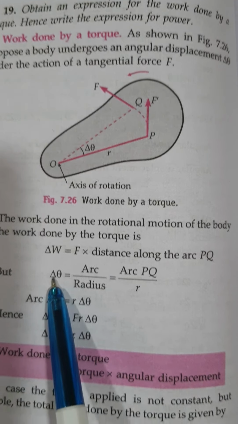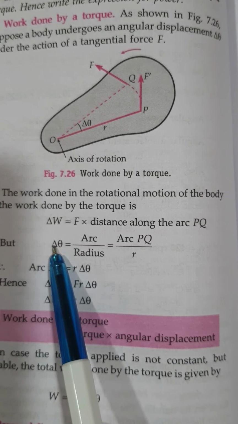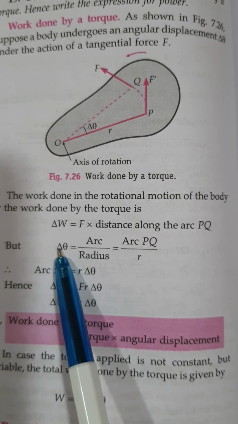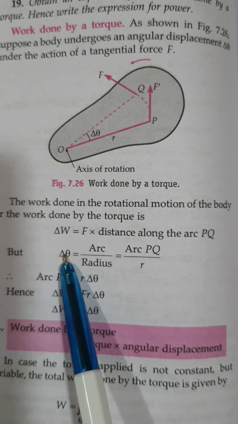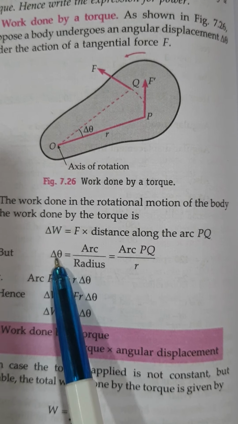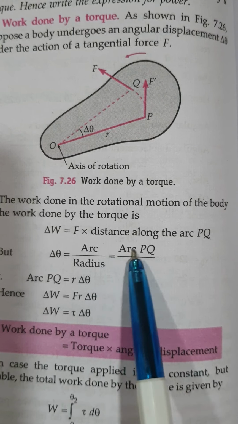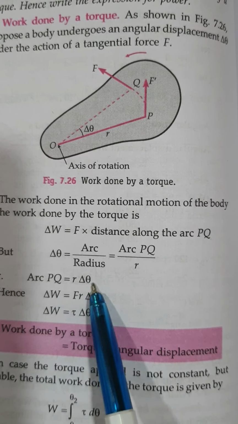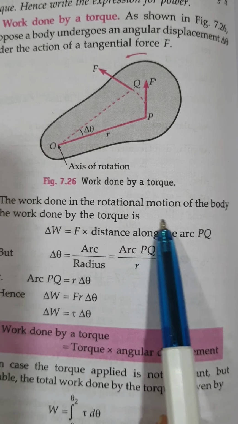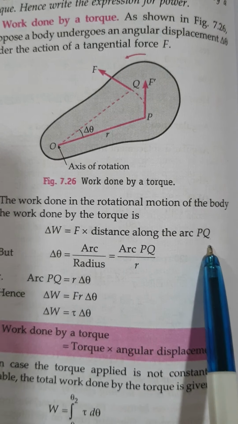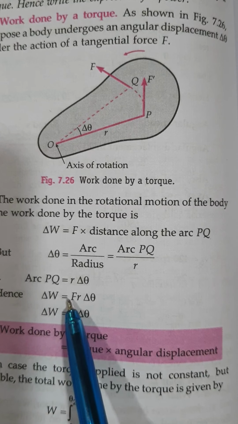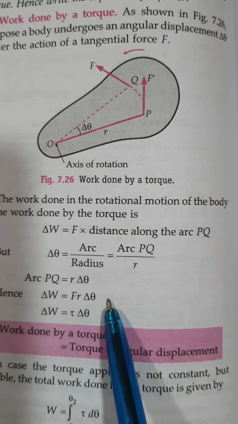We have already learned this definition of angle, radian. Remember the first chapter, theta is equal to arc upon radius. So arc length PQ will be equal to r delta theta. So substitute that value here. You are going to get work done is equal to F r delta theta.